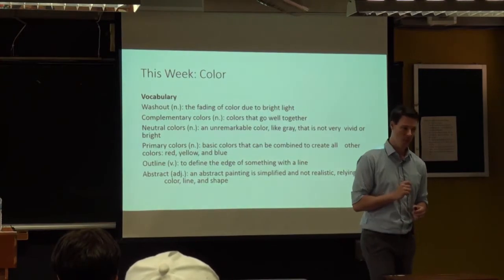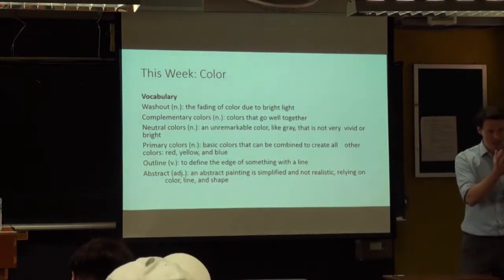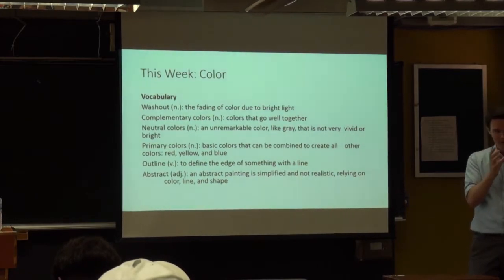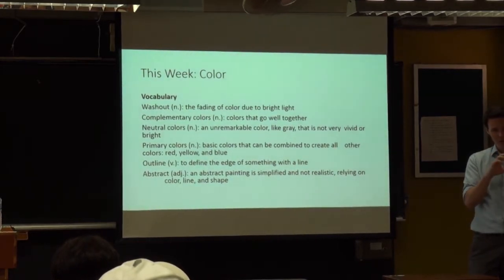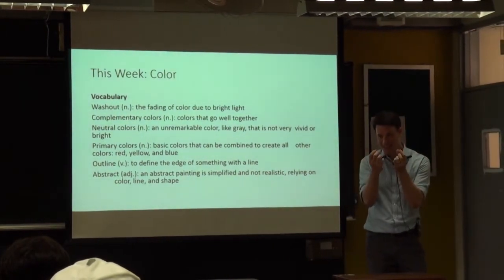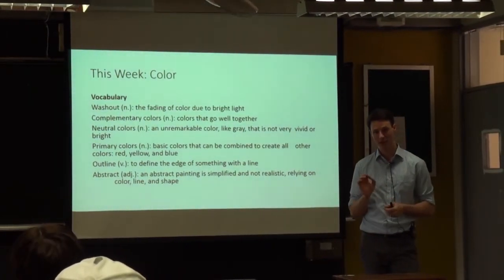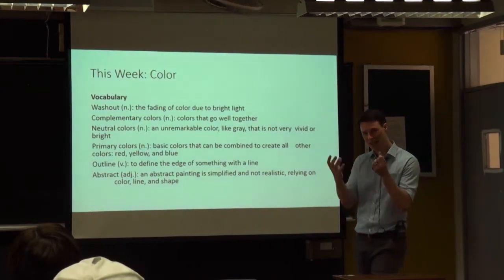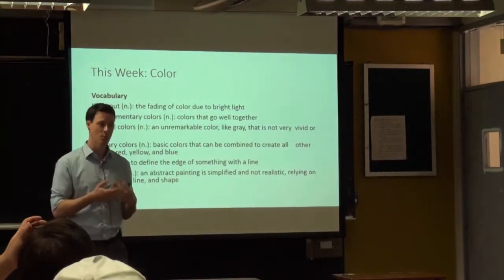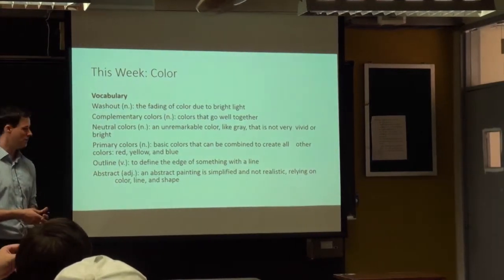Those colors go well together and they make each color a little bit more powerful by being placed together. Okay, so complementary colors are colors that work well together to make each color more strong and powerful.